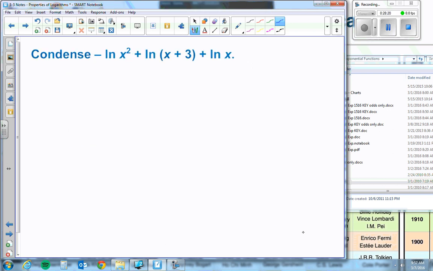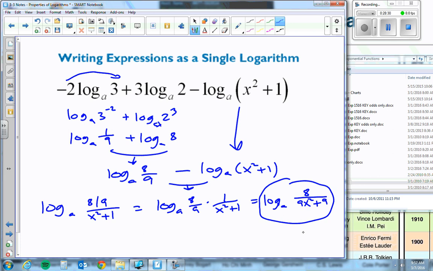This is kind of interesting. Well, either 9x squared plus 9 or 9 parentheses x squared plus 1. Either way.